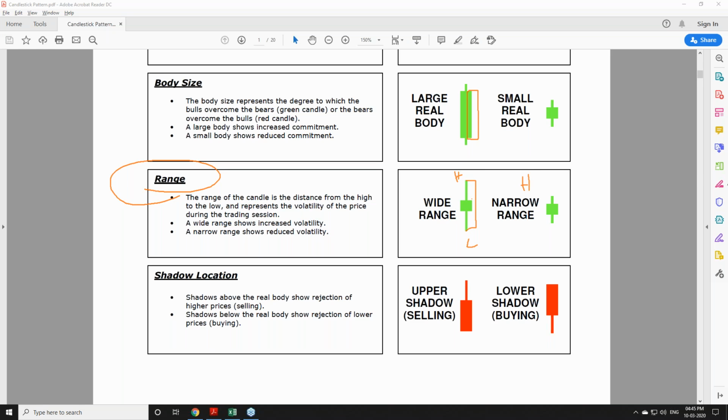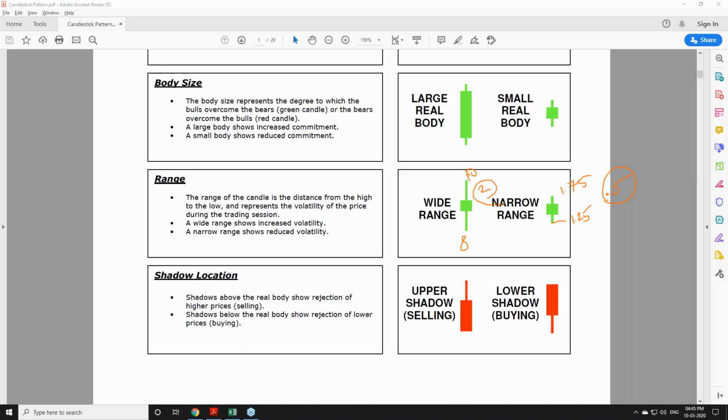High minus low is the range. For example, 8 to 10, the range is 2. Here, 1.25 to 1.75, the difference is 0.5. So the difference between high and low here is only 50 paisa, and here it is 2 rupees.